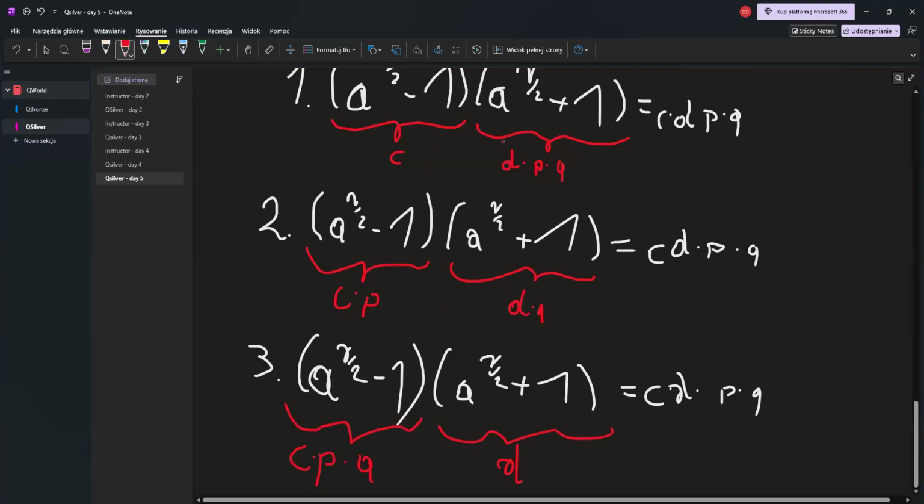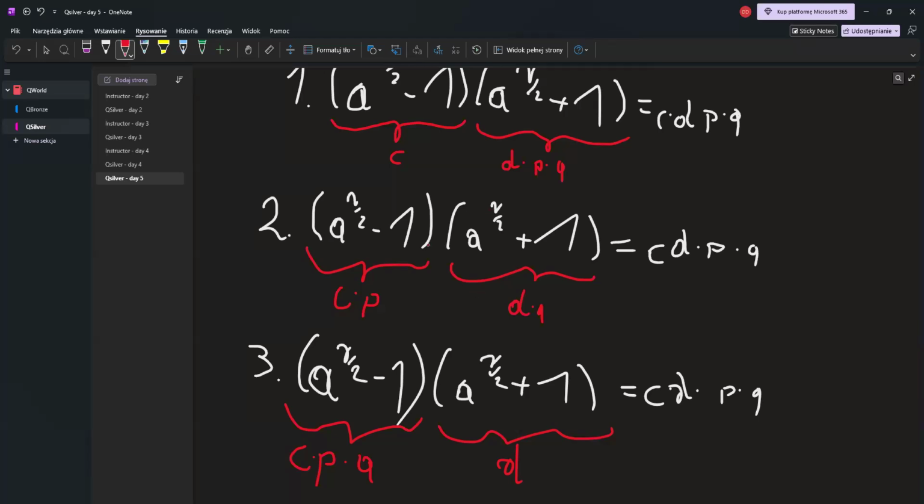The first one, where p and q are encoded on the right hand side, so in the factor on the right side, and the left one contains only the part of k called c in this example.